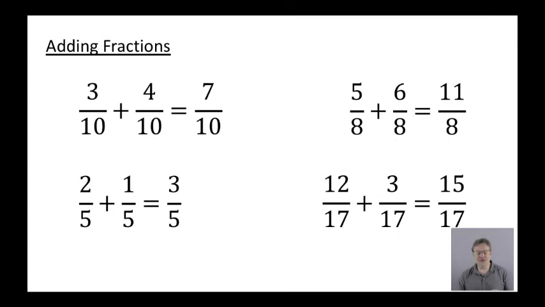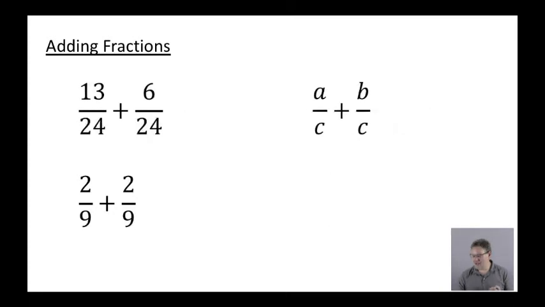So once again, if we were to take a look at these examples here, 13/24 plus 6/24, what's that? Again, we're just adding the tops here to get 19/24, and on the bottom, 2/9 plus 2/9 adds together to give us 4/9. And so in the upper right, how would we symbolize this? How would we describe this algebraically in a form that always works?